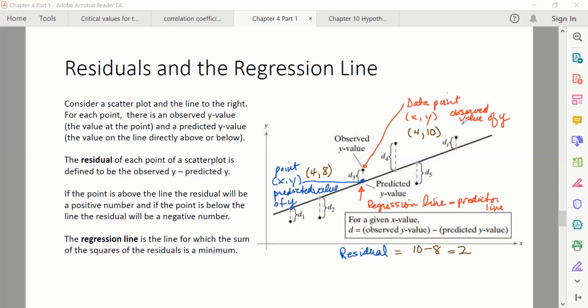All of the points that are above the line have an observed y that is larger than the predicted y, because they're higher. So that means the residual is going to be positive.